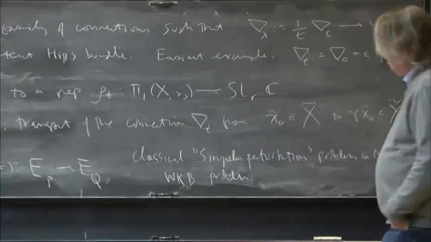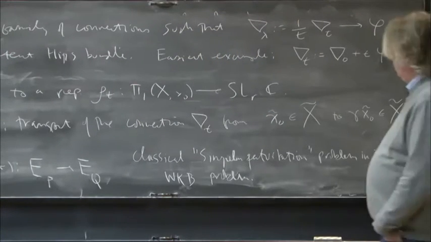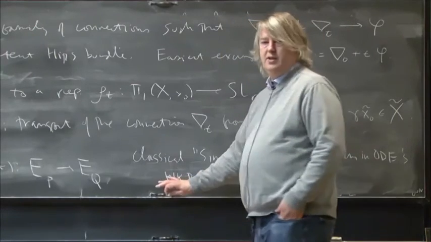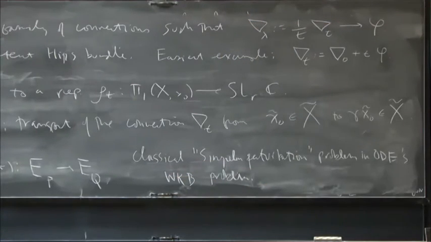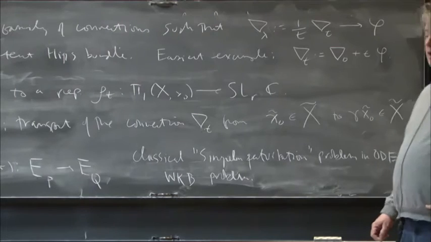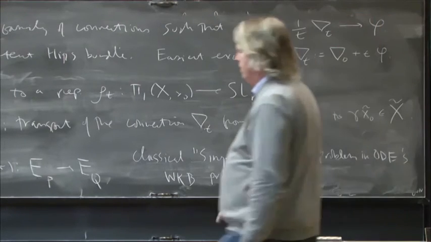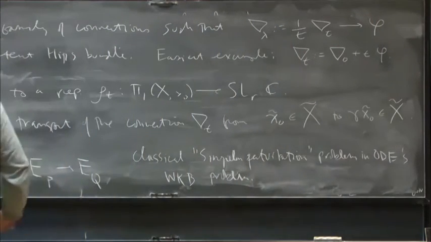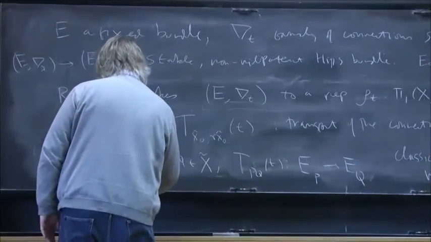WKB is Wentzel, Kramers, and Brillouin, from around the 1920s. An asymptotic problem. So the problem here is we're trying to understand what happens when t goes to infinity.